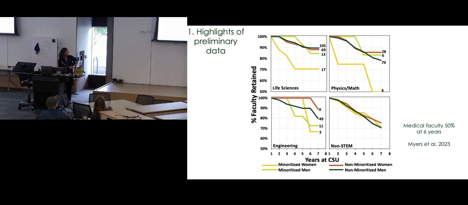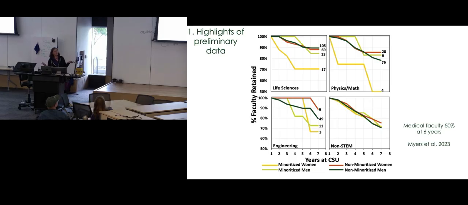So you can see they're really small, and that in yellow, minoritized women are leaving much sooner than other folks on the faculty. And you really can't see that if you group the groups together. The patterns differ, like in engineering relative to these two other STEM disciplines, but the basic shocker is the same.